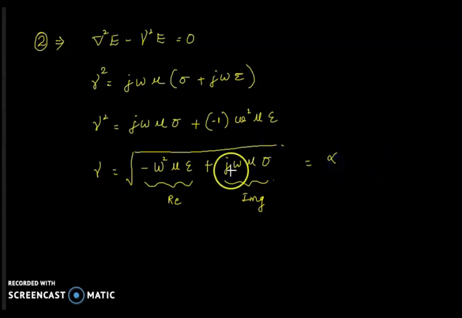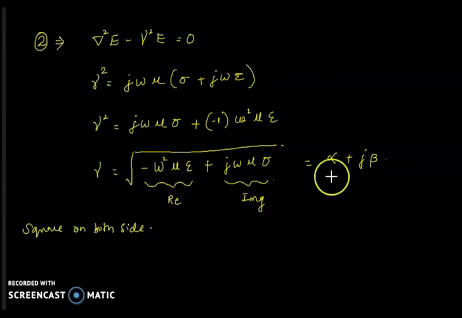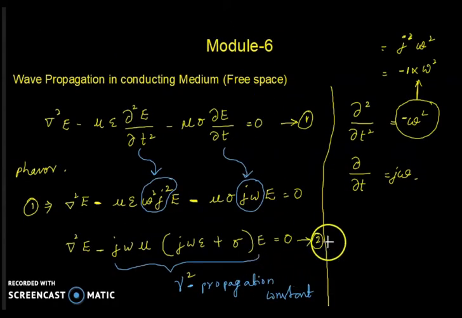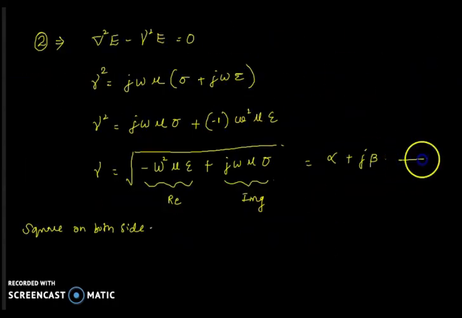Let us take gamma equal to alpha plus j beta. This is equation number 3. Now we square equation number 3 on both sides.